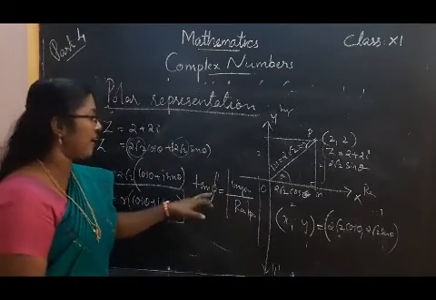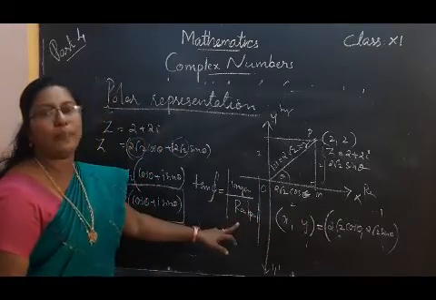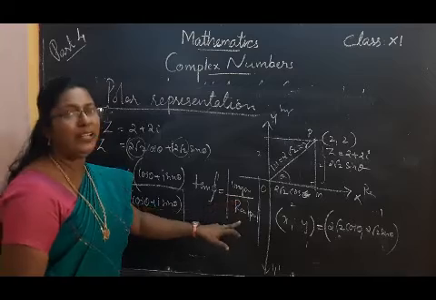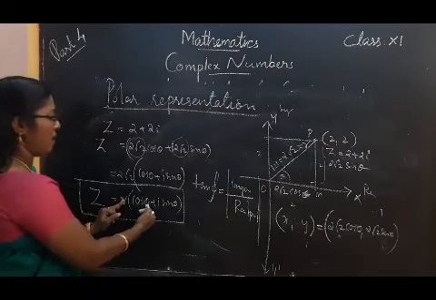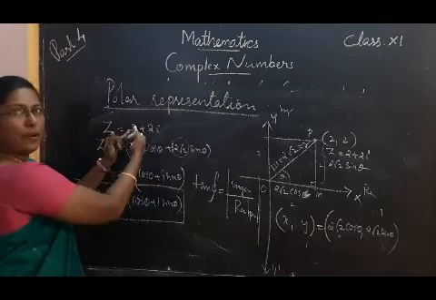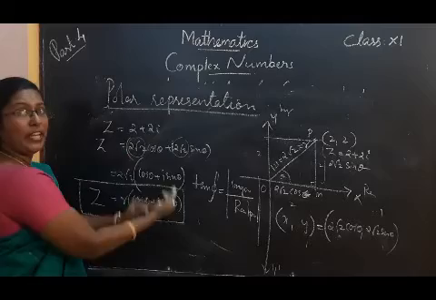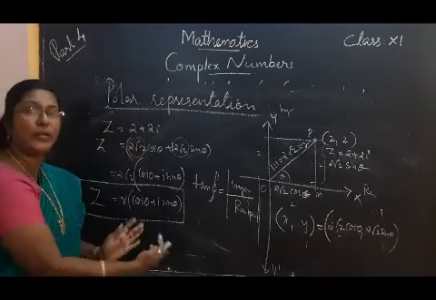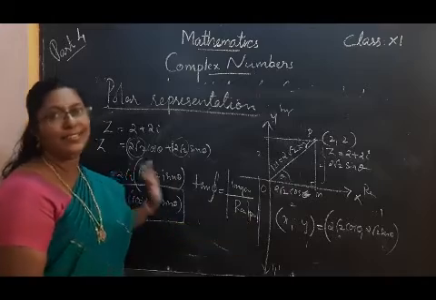The formula is tan phi equals the modulus of imaginary number by real number. Or you can equate r cos theta to the real part and r sin theta to the imaginary part. By equating the real part and imaginary part, you can find theta.